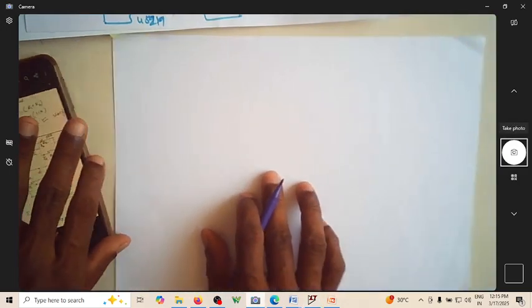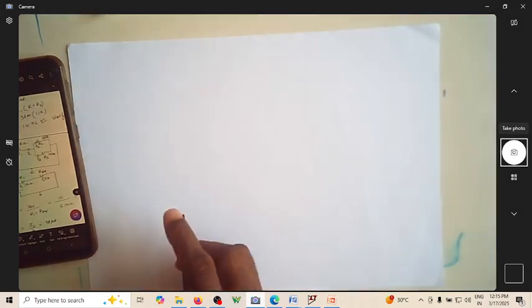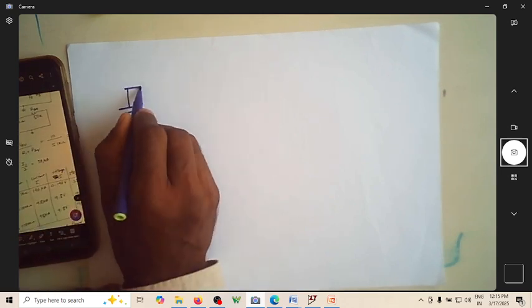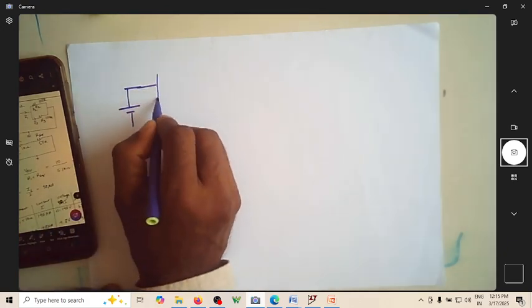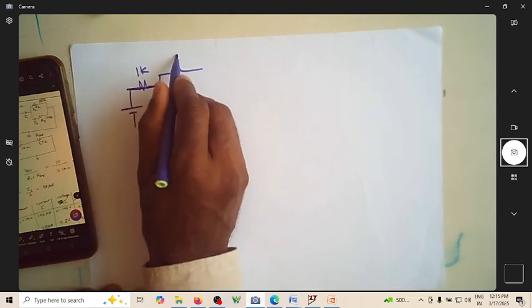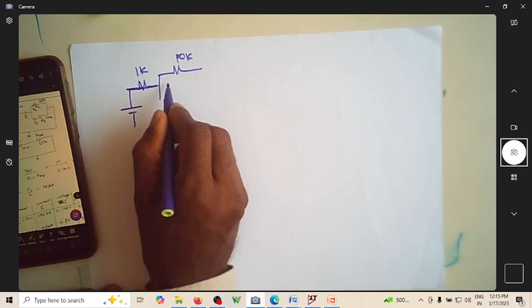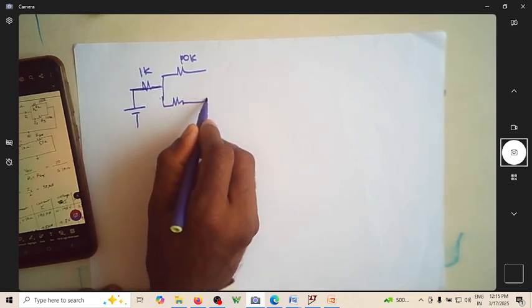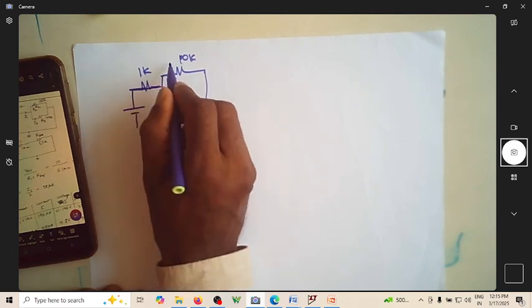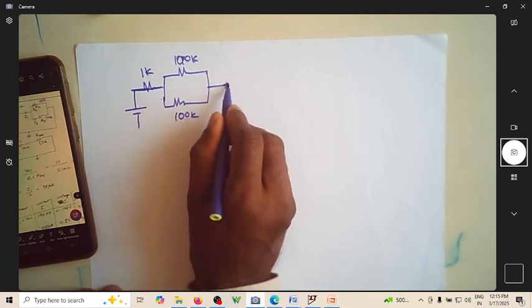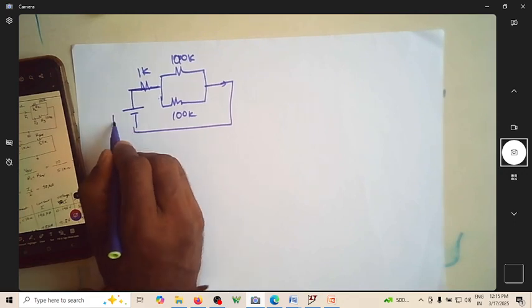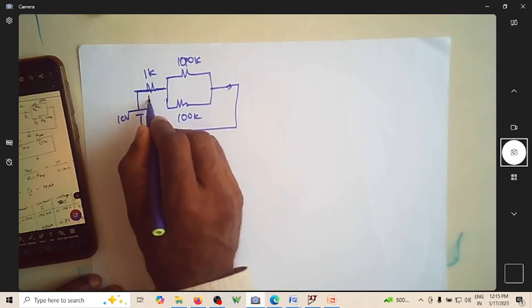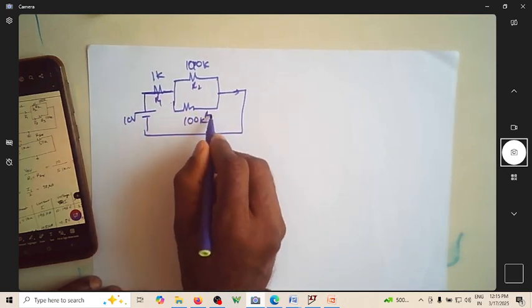So you have a circuit corresponding to this, your fourth circuit. This is 100k, this is also 100k, and this is 10k. This is R1, R2, R3.